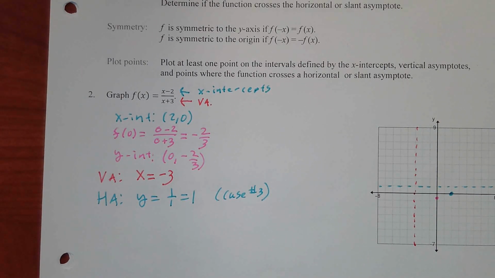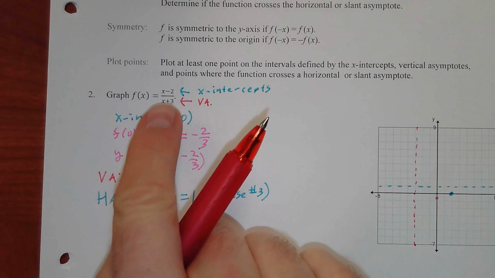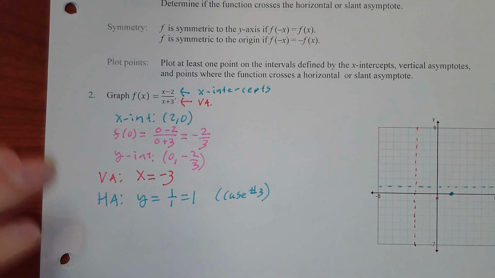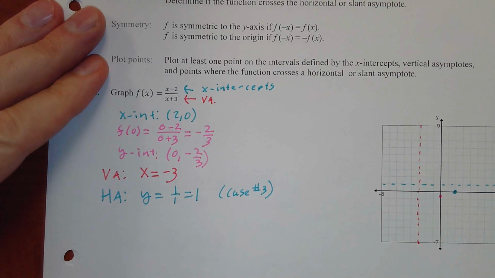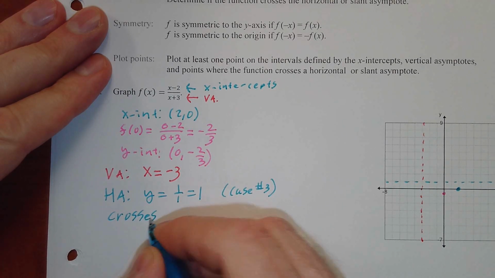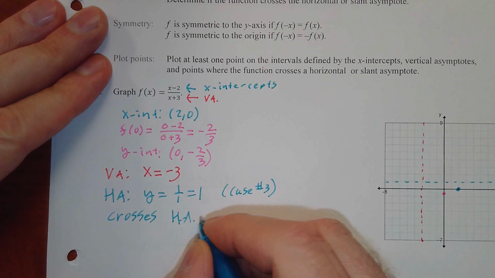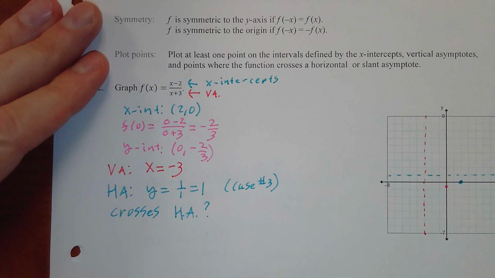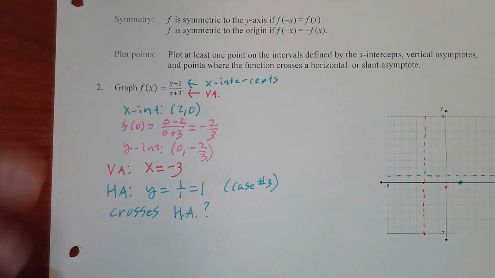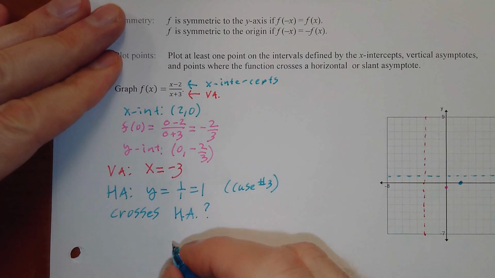Now it says determine if the function crosses the horizontal or slant asymptote. Well, it's a horizontal asymptote. So in other words, I want to see, does this cross y equals 1? So to determine, I'm going to set the function equal to 1 and solve, see if I get a real solution or not.